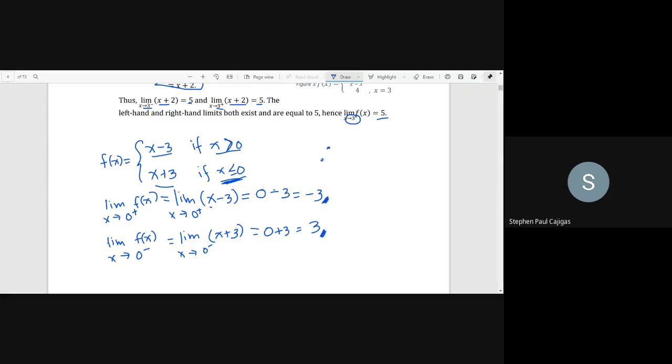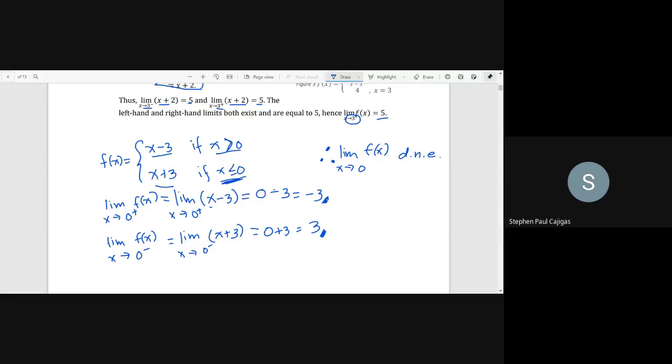So we conclude therefore, the three dots symbol, that the limit of f of x as x approaches 0 does not exist. This is the shortcut, does not exist. Why does not exist?